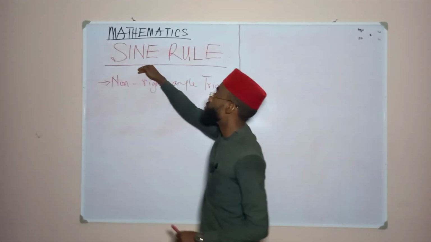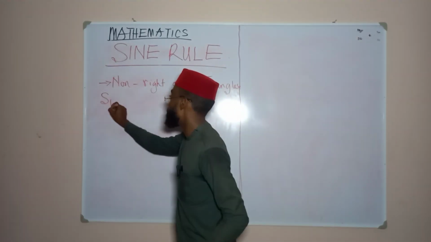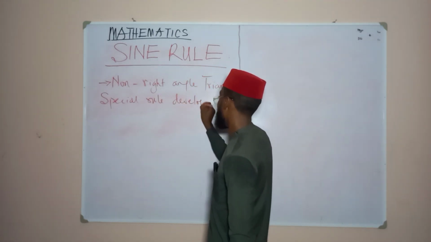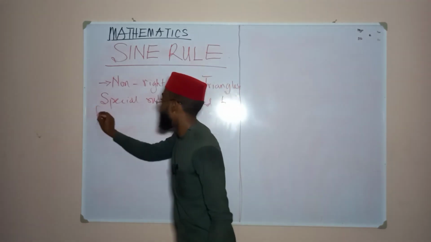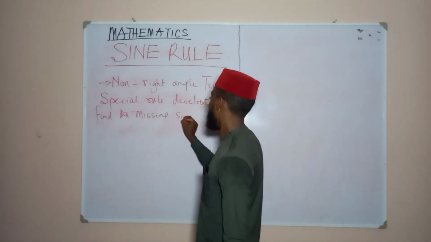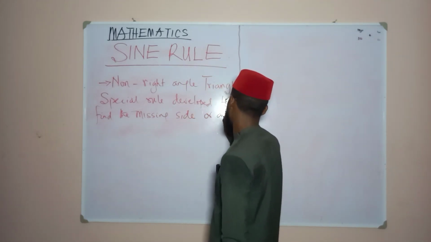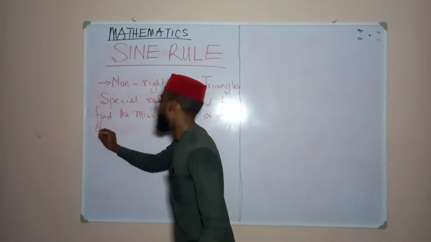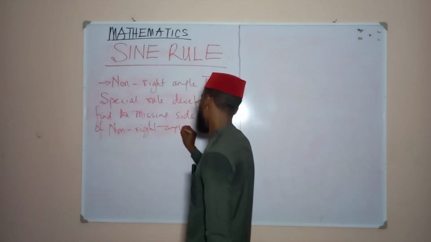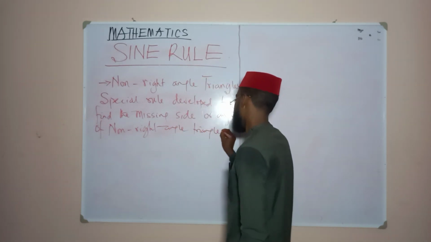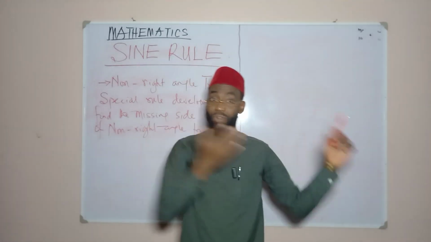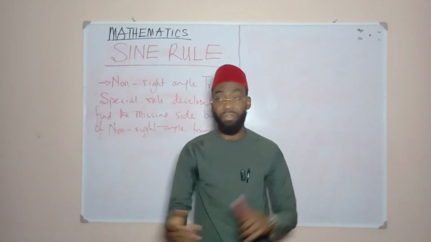The sine rule is a special rule developed to find the missing sides or angles of non-right angle triangles. The beautiful thing is that we can also use it to find missing sides or angles of right angle triangles, but we can't do it in reverse.